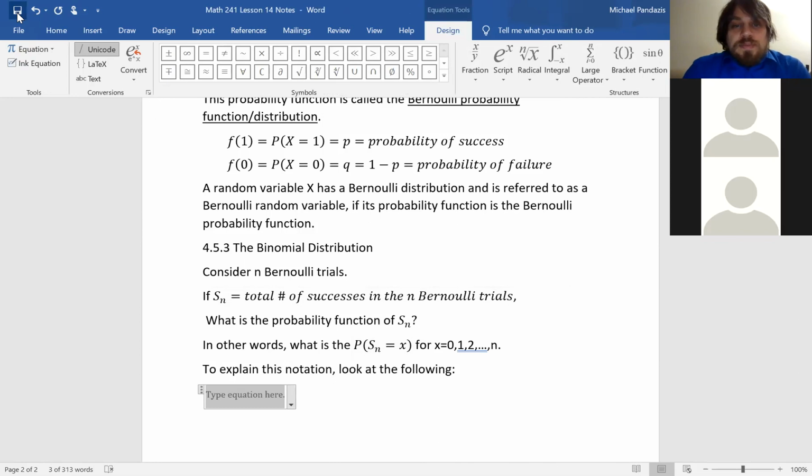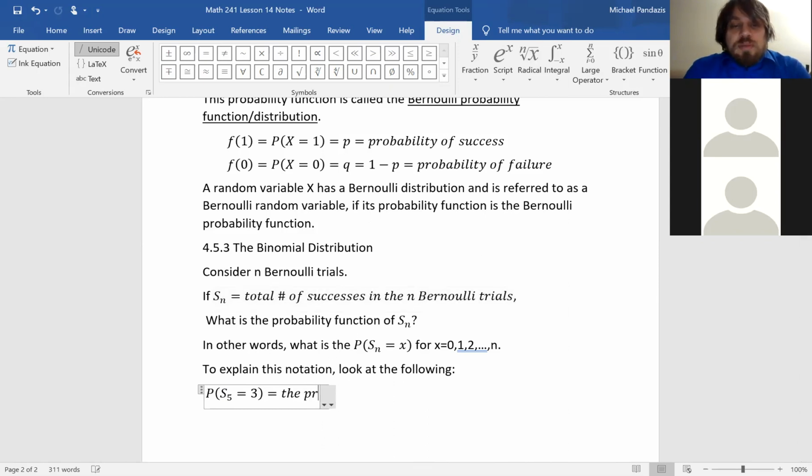So P of S sub 5 equal 3 would be equal to, well, S sub n is the total number of successes in n Bernoulli trials, right? S sub 5 is the total number of successes in 5 Bernoulli trials.